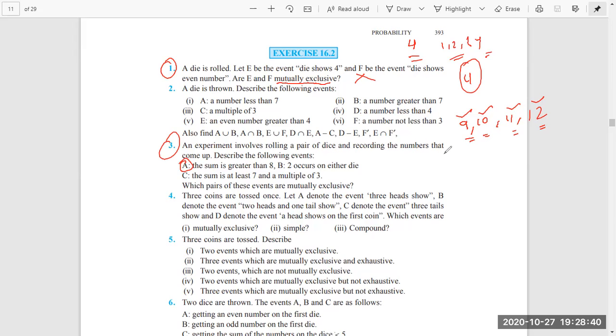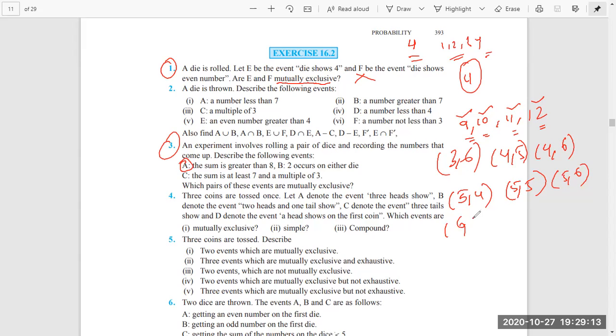A is 3 comma 6, 4 comma 5, 4 comma 6, 5 comma 4, 5 comma 5, 5 comma 6, 6 comma 6, 6 comma 5, 6 comma 4, 6 comma 3.